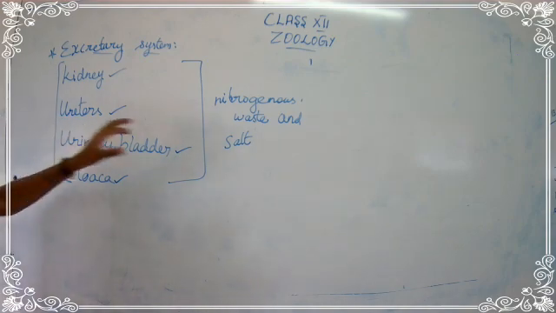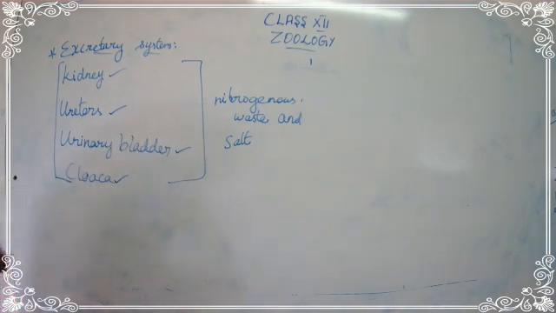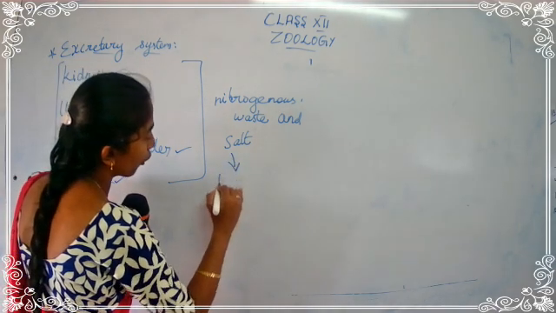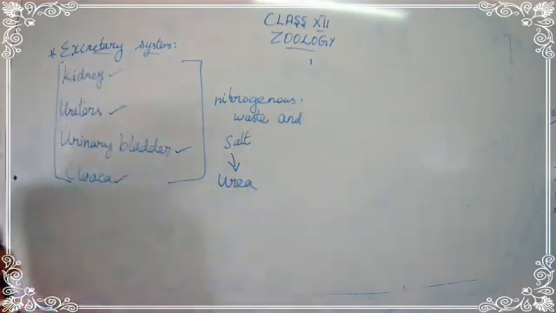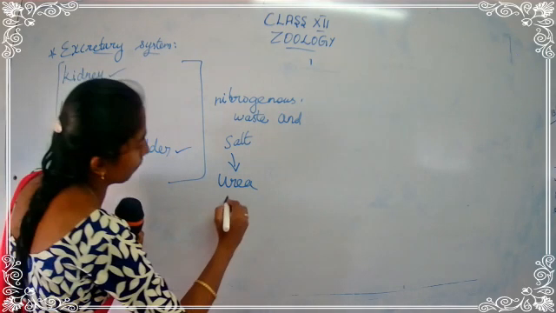Okay, but basically nitrogenous waste. It is excreted in the form of urea. In the form of urea. For that reason, the frog is called a ureotelic organism.